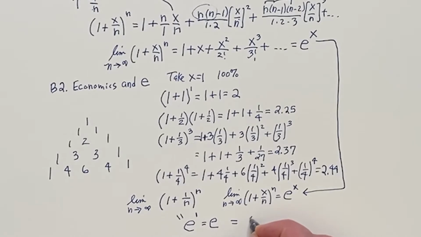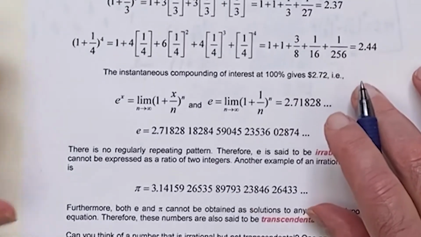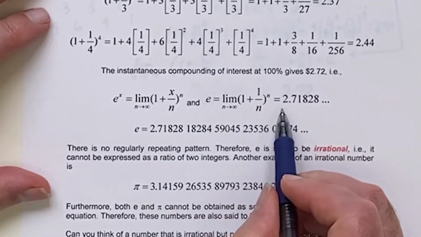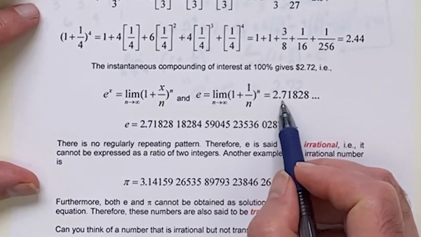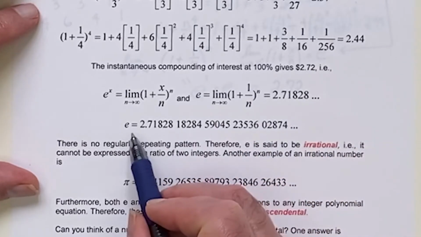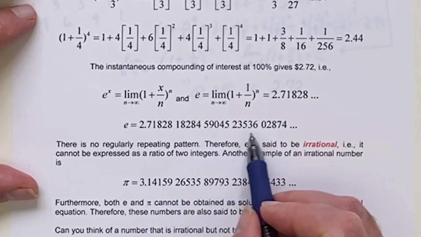And it comes out to be $2.72, rounded off. If you don't round it off that generously, you would have here 2.71828, and then here, this is in more detail.